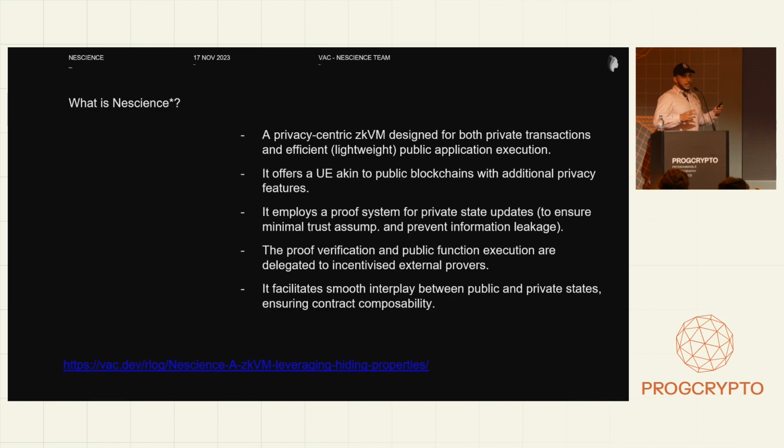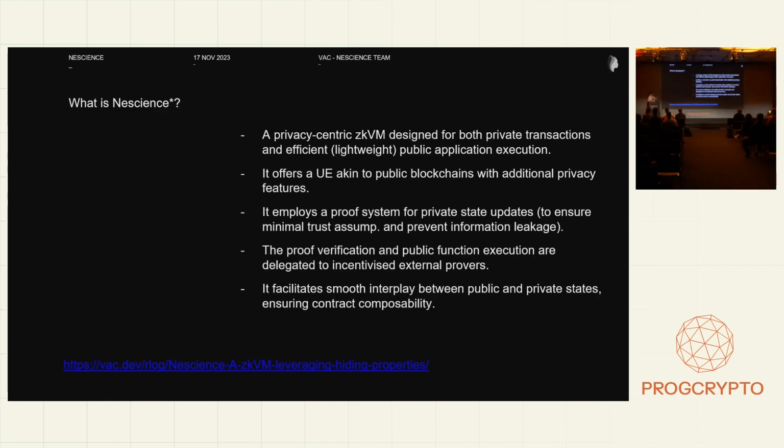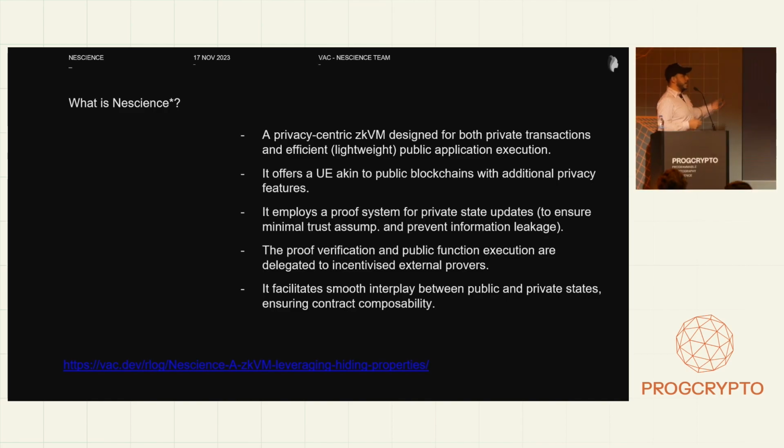We are trying to find a proof system for private state updates, to ensure minimal trust assumptions and to prevent information leakage. We would like the proof verification and public function executions to be delegated to external provers. And the zkVM would facilitate an interplay between public and private states.